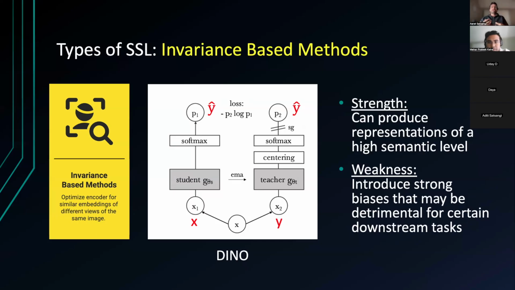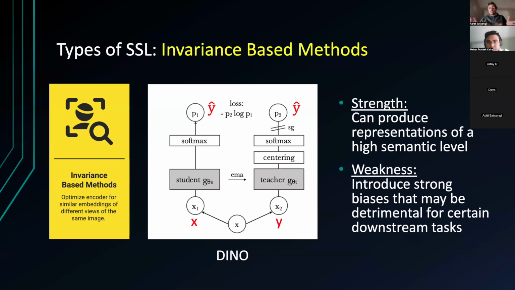So it is actually abstracting away a lot of unnecessary details that you don't need to predict to understand what that data is. These are invariance-based methods. Their strength is that they can produce representations of a high semantic level because they have eliminated the unnecessary details.